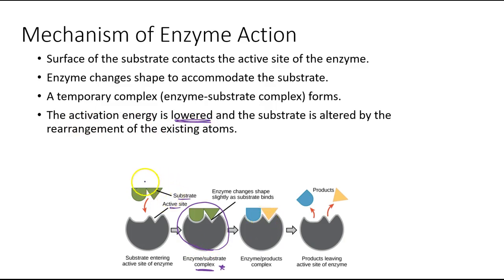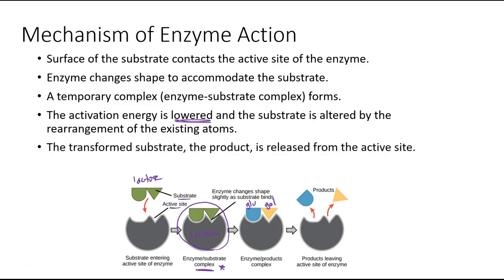In this case, one larger double molecule, let's say a lactose, which is a disaccharide, is going to enter a lactase enzyme, which is going to produce the two individual monosaccharide components of lactose, glucose and galactose. When the enzyme does its thing, the activation energy is lowered and the substrate is altered, we have released energy because we have broken that bond.